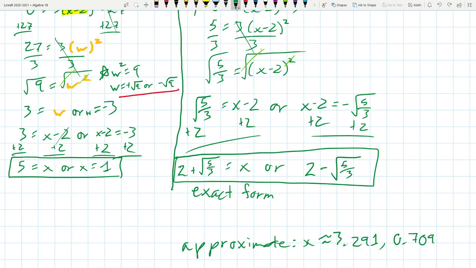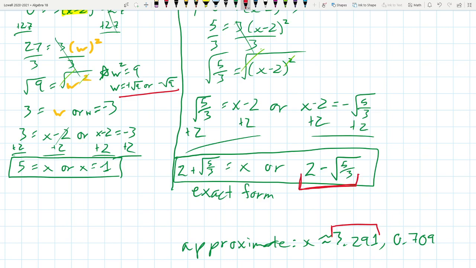Again, these exact forms are important because this is the most accurate way to give the answer. For example, if I plug this approximate value in for x into the original function, you won't get 0. You'll get something very, very close to 0, but not exactly. The only way to make sure 100% that you do get 0 is to literally plug the exact value in.